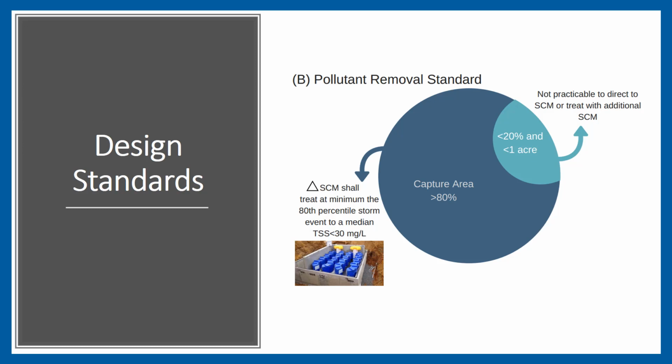And again, if there's an area that you're not able to drain to the SCM and you can't put in a second or a third SCM to do it, then 20%, but no more than 1 acre, can go off-site without treatment. And all of these areas need to be recorded and described as to why you can't treat them in your drainage report or some other documentation.